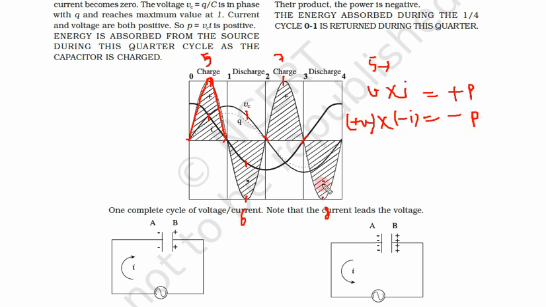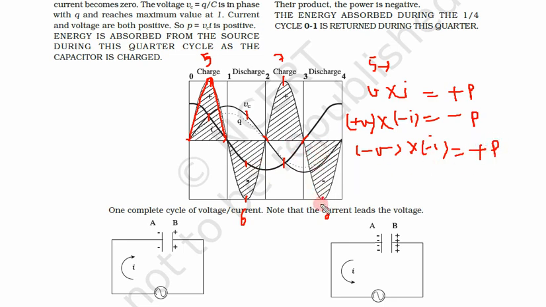That means power is given back by the capacitor. At point 7, both current and voltage are negative, so we get again power consumed, negative times negative cancelled out.